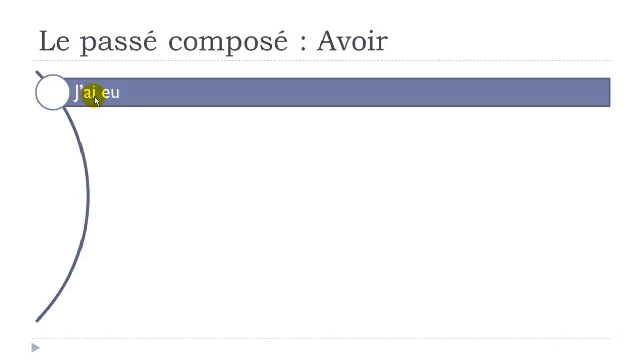So you've got to use either avoir or être here. In that case, it's avoir at the present form. And then the second part is what we call the participe passé. For avoir, it's a bit tricky. You write it like that, eu, but phonetically, what you will have to pronounce is u. So you get j'ai eu.